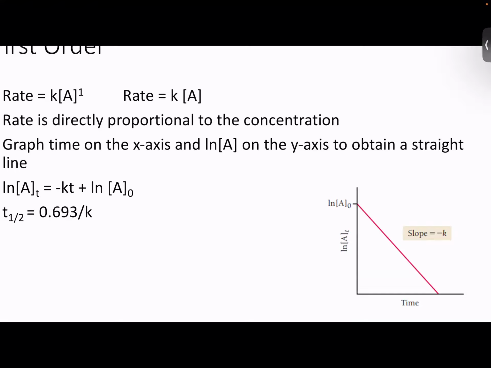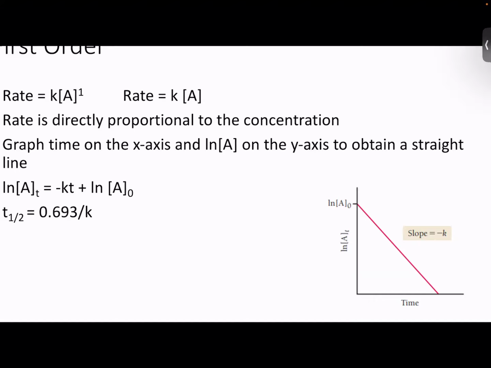When you graph this, you will have a negative slope. That's because we expect the natural log of the concentration versus time to go down.